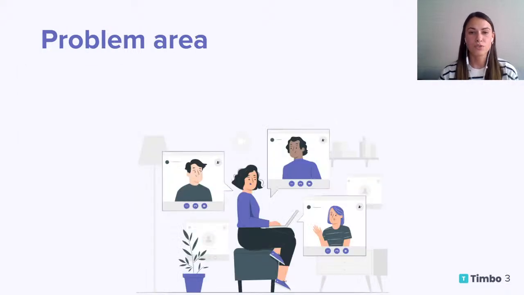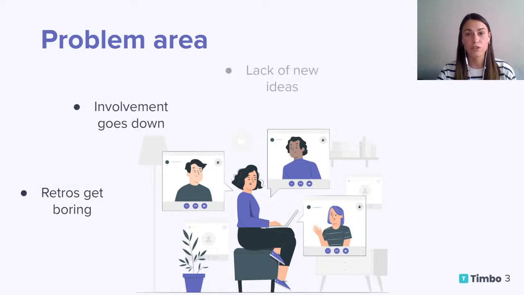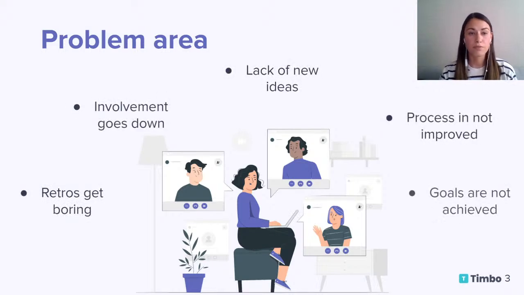So let's move on to the problem area. I'm sure that every Scrum Master sooner or later is going to be a part of that circle. If retros get boring, involvement of the team goes down, it will mean that retro stops working. There are few new insights, or probably none of them at all.